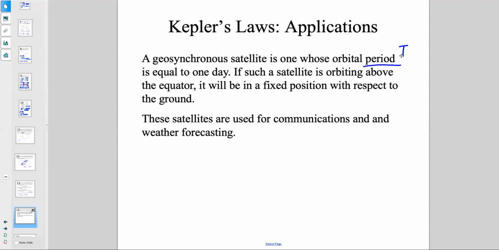If such a satellite is orbiting above the equator, it will be in a fixed position with respect to the ground.